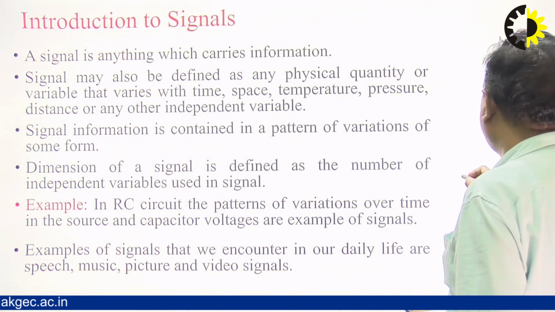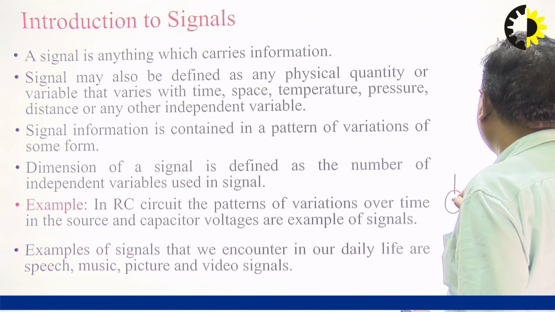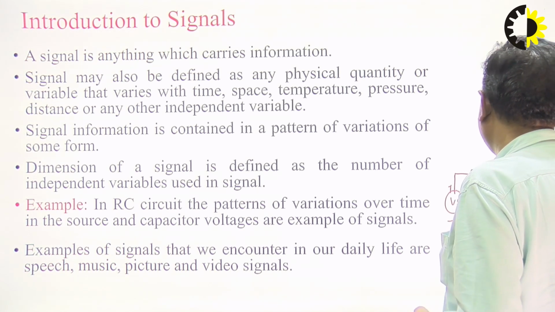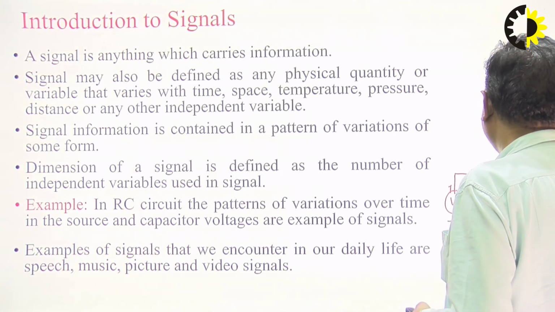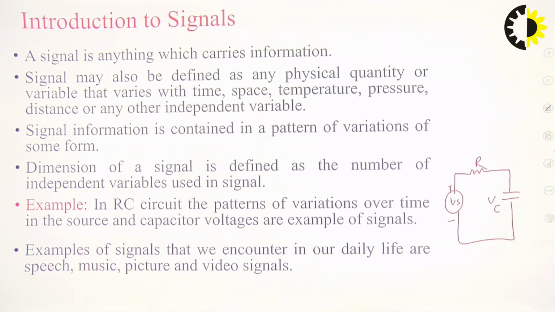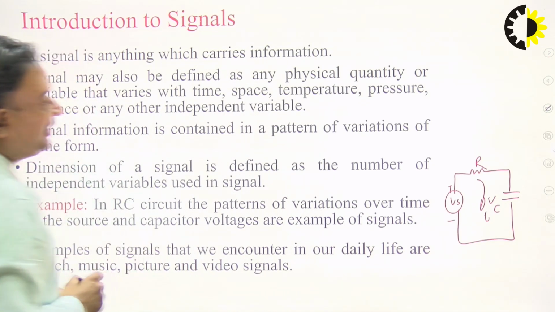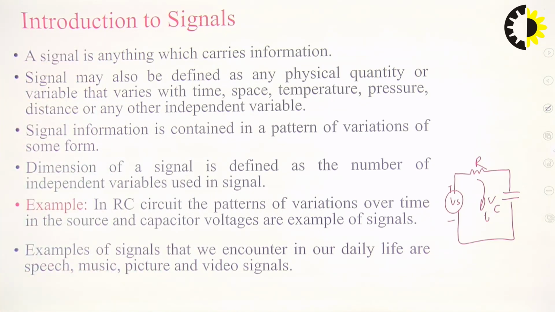Now as time passes, the voltage across the capacitor changes, and also the source voltage changes. So we will draw the pattern of source voltage with respect to time and the voltage across the capacitor with respect to time. Then the variation or the pattern that we obtain is basically the signal.